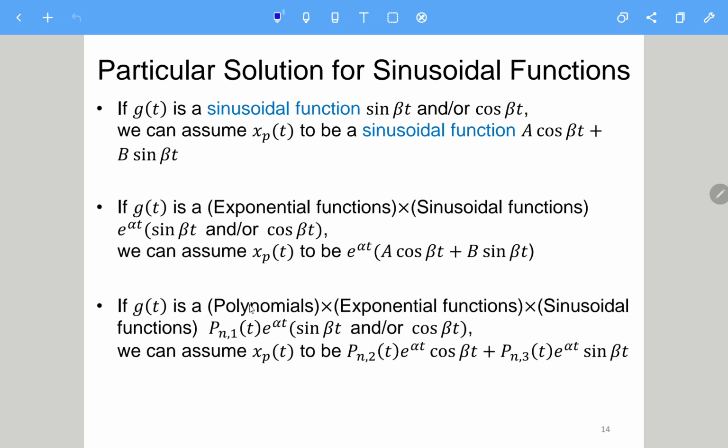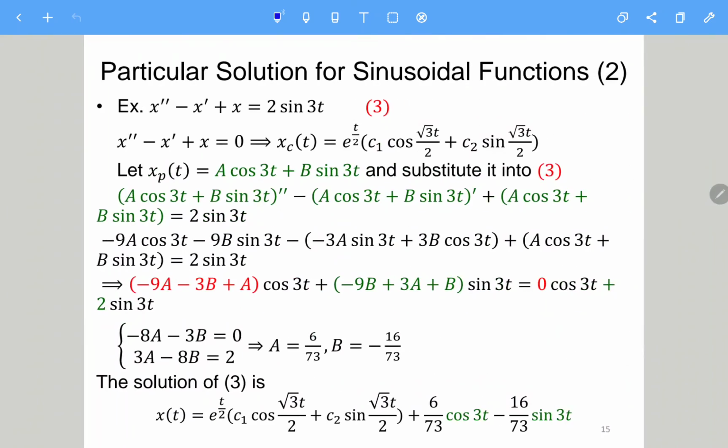And then if it is polynomial times exponential times sinusoidal, then the particular solution should be polynomial times exponential times cosine and sine, which is very complicated. Actually, I seldom need to solve this by hand, but just for completeness of this theory.